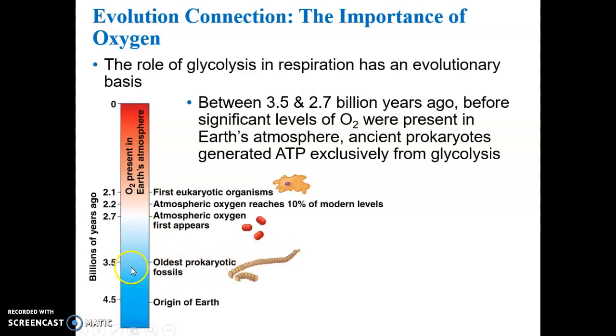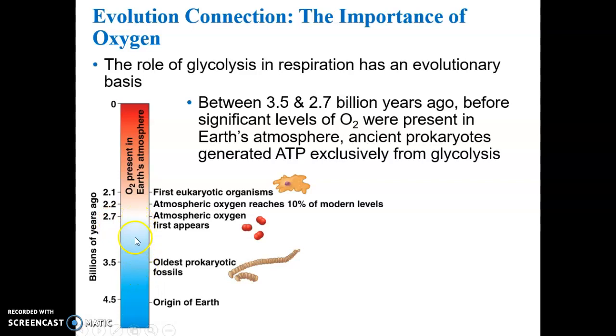Okay? As things advanced and the first photosynthetic organisms were able to utilize sunlight energy and the ample carbon dioxide around, the first significant amounts of oxygen in the atmosphere started to appear about 2.7 billion years ago.